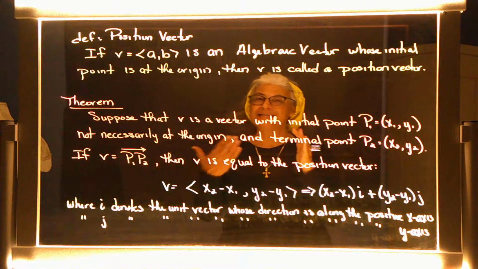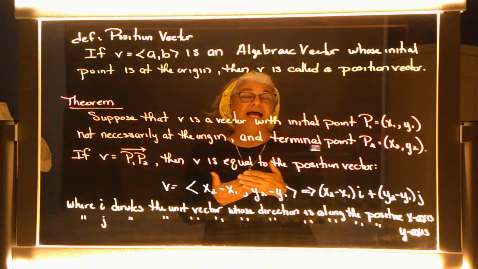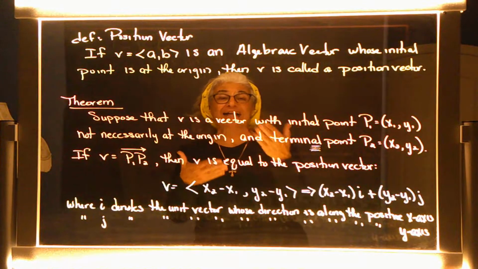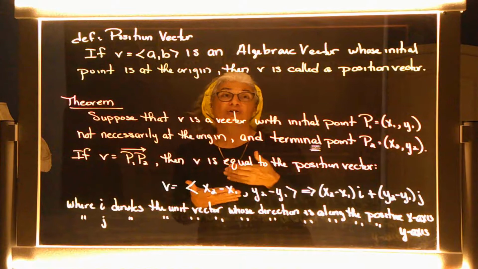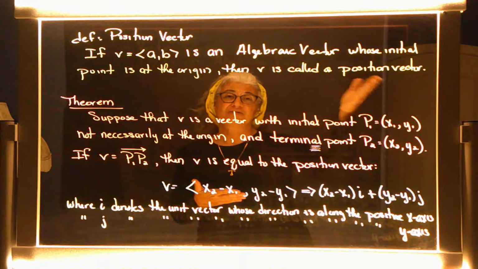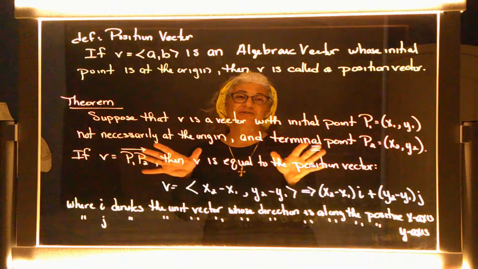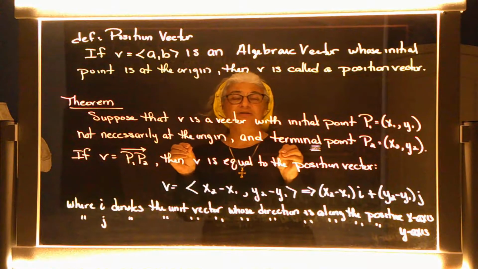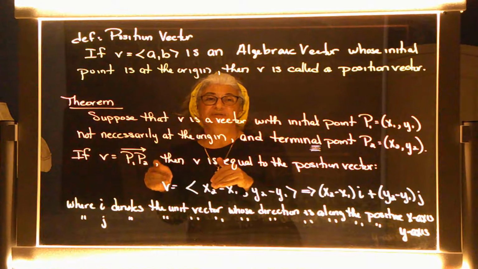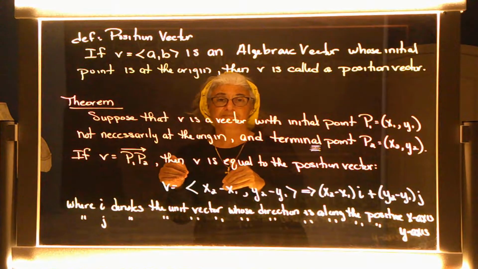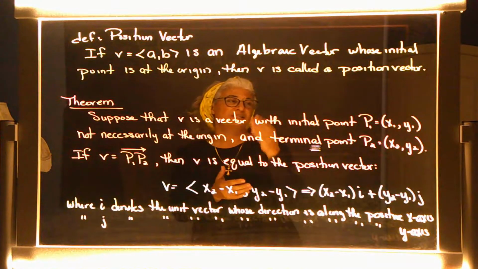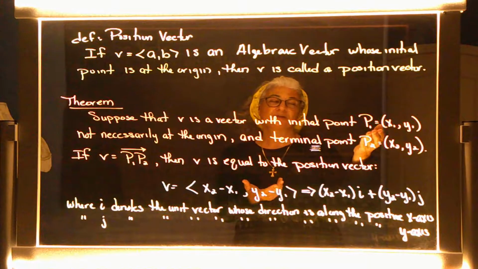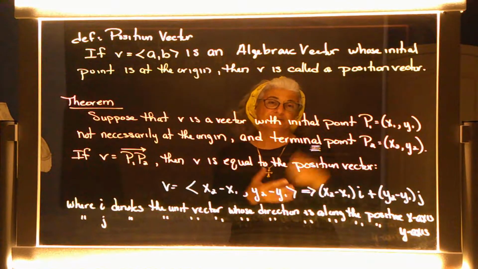Okay, but not all vectors have the initial point at the origin. So not all vectors are called a position vector. This theorem will help us turn vectors into position vectors. So let's take a look at the theorem. Suppose that v is a vector with an initial point p sub 1, which is the point x sub 1, y sub 1.